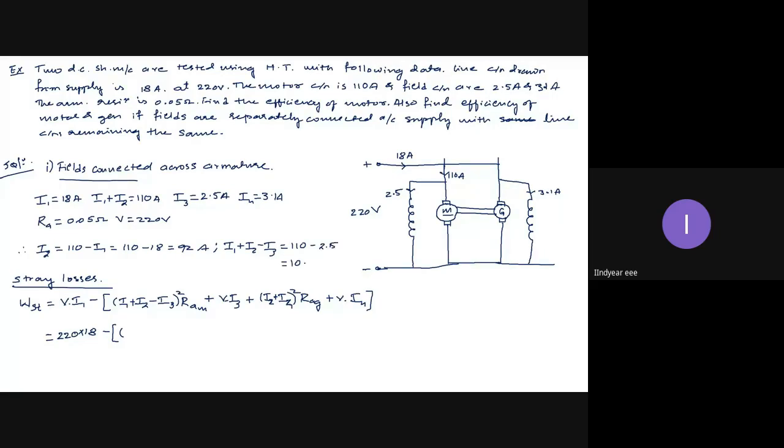So this is 107.5 amperes. So this is IAM. IAM is equal to I1 plus I2 minus I3. And IAG is equal to I2 plus I4. So that is 92 plus 3.1, which is equal to 95.1 amperes.